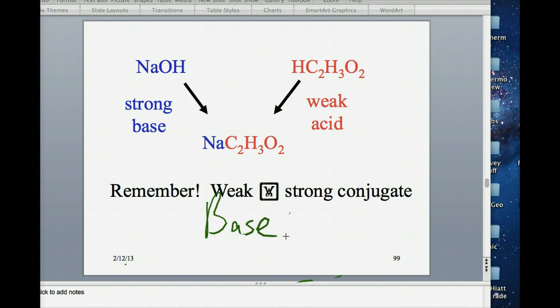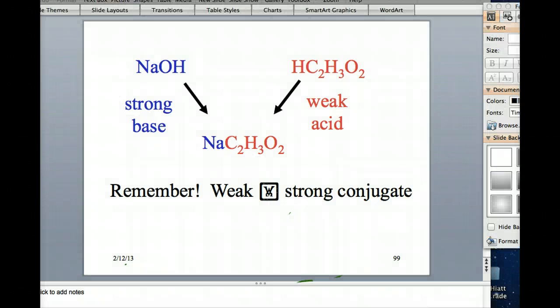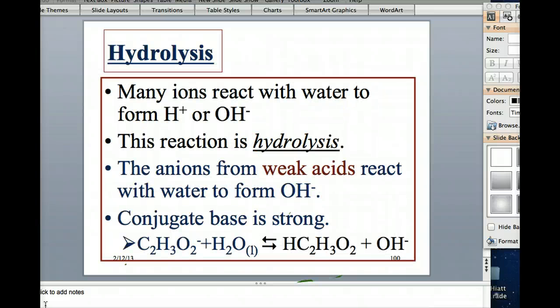It's a base only because of the anion. The sodium does nothing. So overall, sodium acetate is a base. It's also the flavoring in salt and vinegar potato chips. Non-toxic. All right, next up. Guess we're not doing more of those. Those are kind of fun.